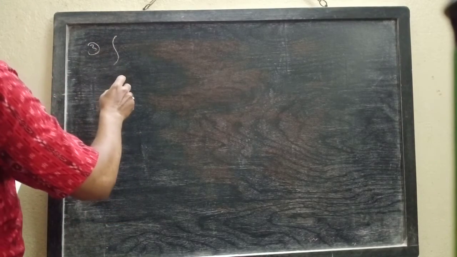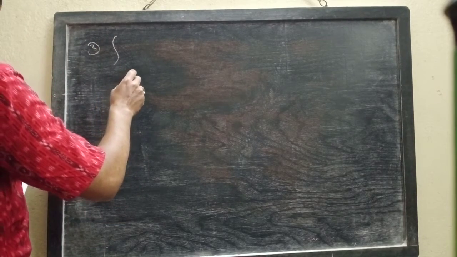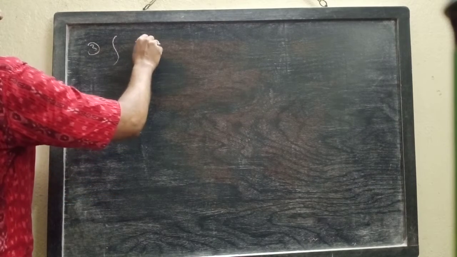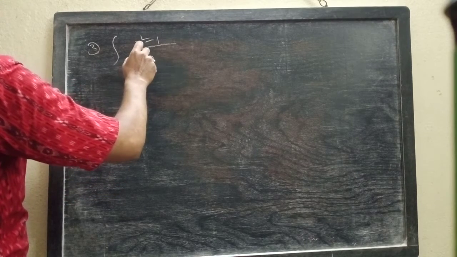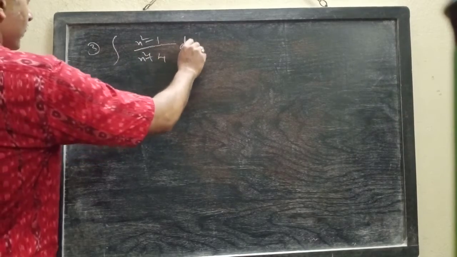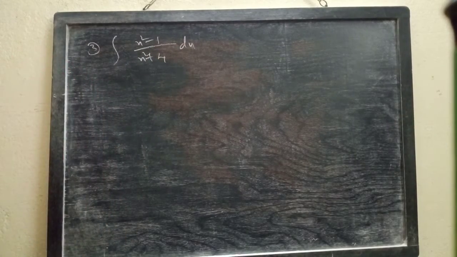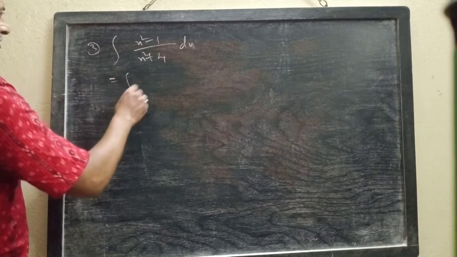Number 3. Integration x square minus 1 by x square plus 4 dx. Look, here the degrees are equal, both numerator and denominator. Here also you can divide or you can do it in this way.